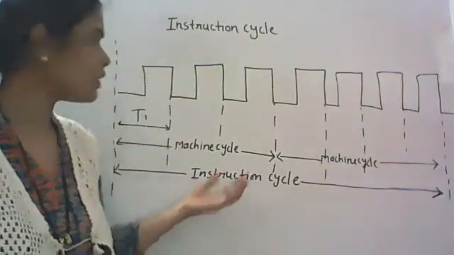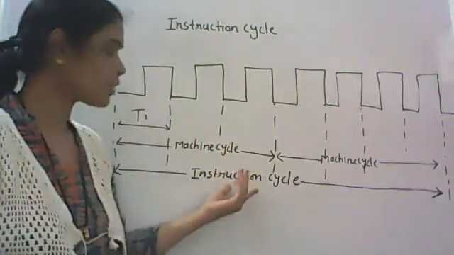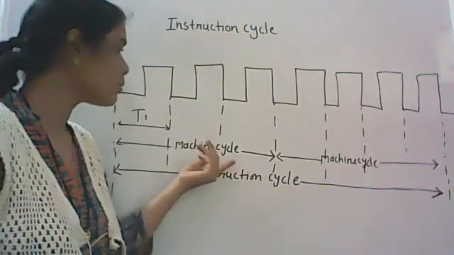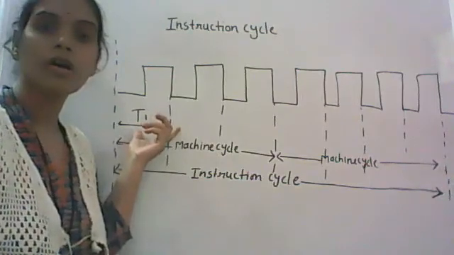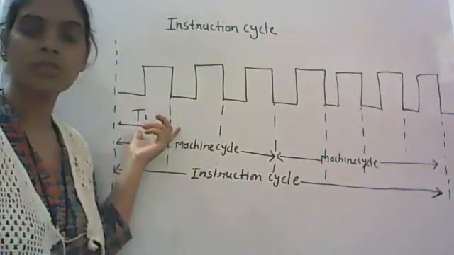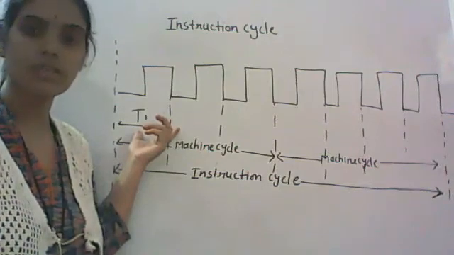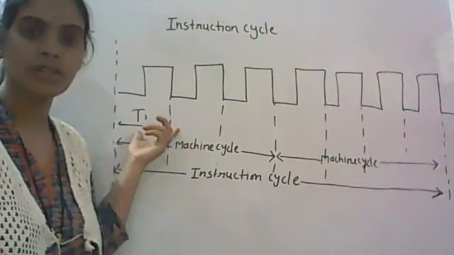Okay, in a simple way, see the diagram here. See the concept of instruction cycle, machine cycle and T-state. During normal operation, the microprocessor sequentially fetches, decodes and executes instructions one after another.